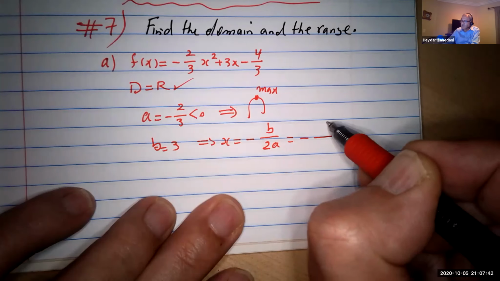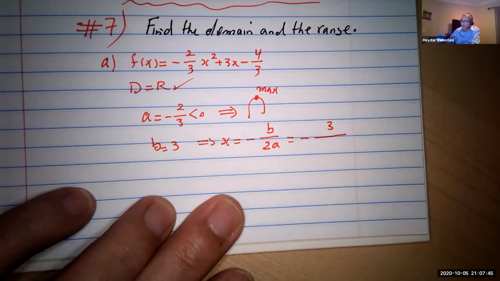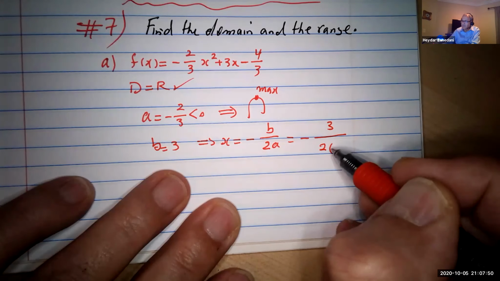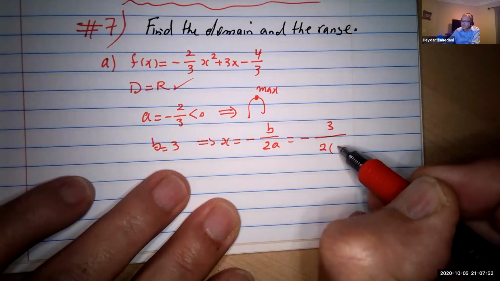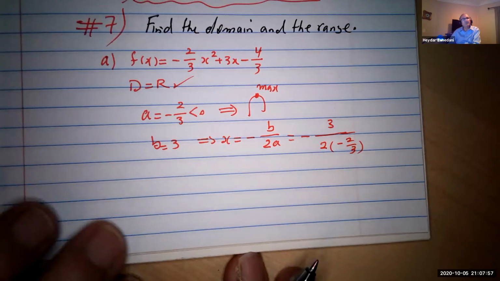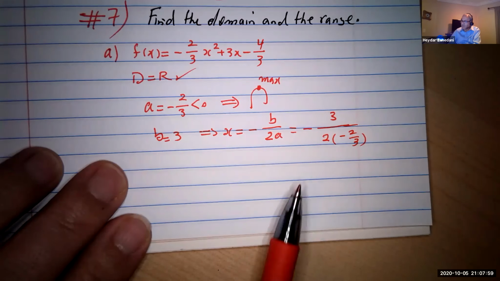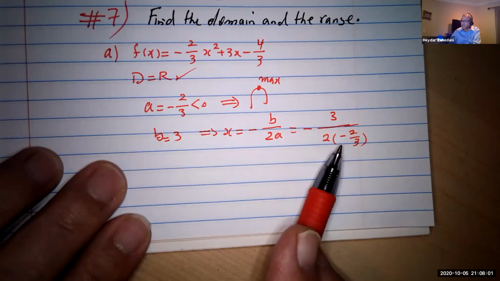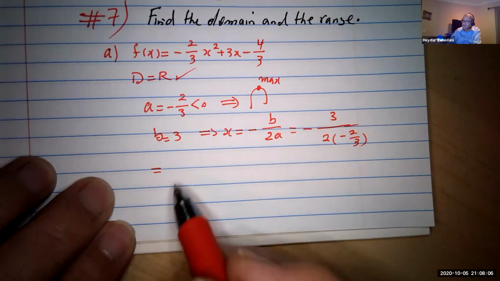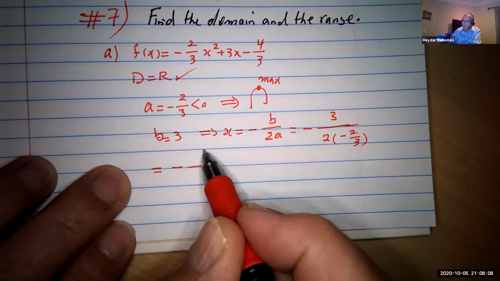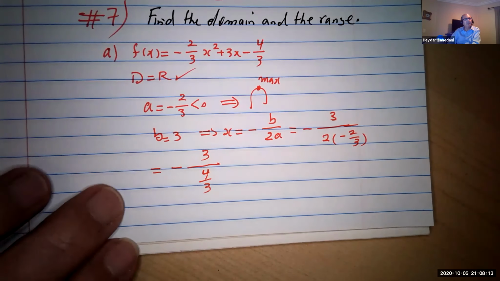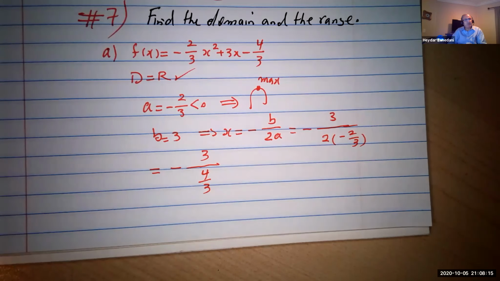Your b is 3 on the top, and the 2a down the bottom is going to be 2 times the a of -2/3. So what's this one? This is going to be -4/3. Then there's the negative here. So it's equal to -3 over 4/3. You have to switch it and multiply by the reciprocal.